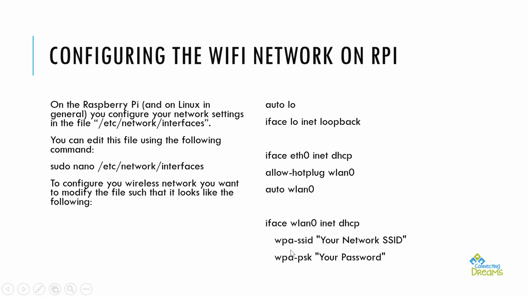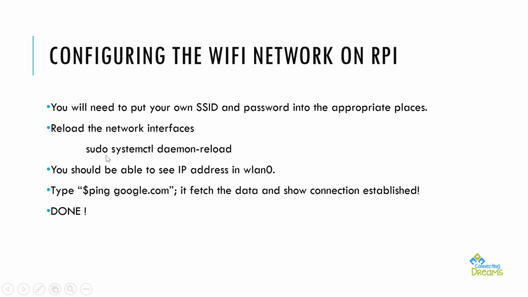Here you need to specify exactly what is the network to which you want to connect, what is your Wi-Fi network, and what is the password of that network. Once you make this change, save it. After saving, you have to type this command: sudo systemctl daemon-reload. Hit enter.